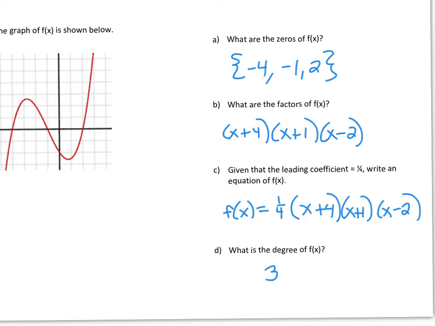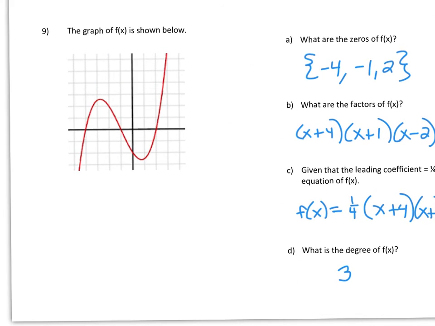And again, just to check the answer to part D, we have an x times another x times another x. If we multiplied all this out, we'd have x squared terms, x terms, and a number at the end, but x times x times x is x cubed, x to the third degree, and that's why it's a third degree function. You could also tell by looking, because it has 3 directions: up, down, up.